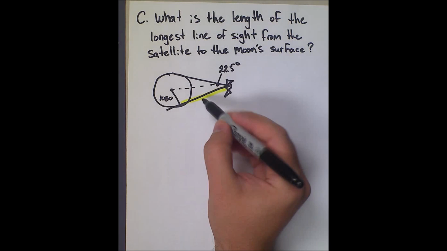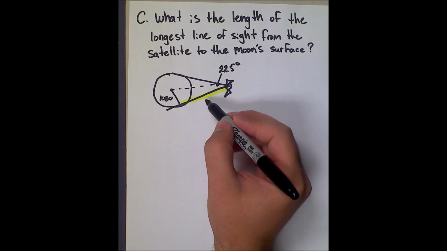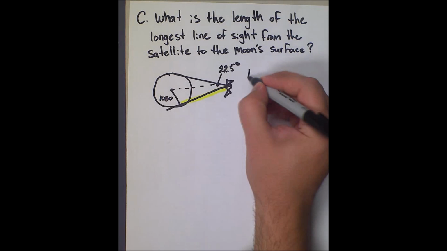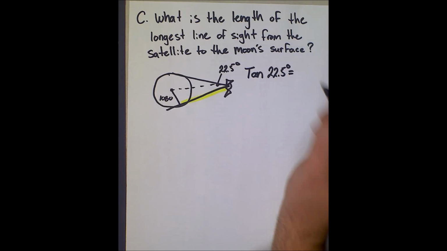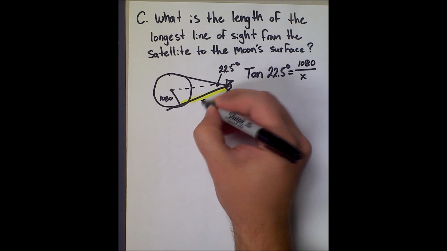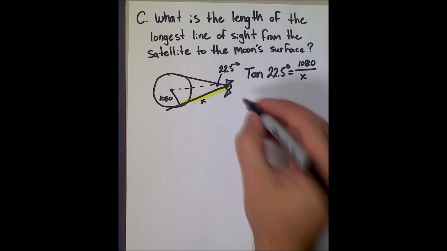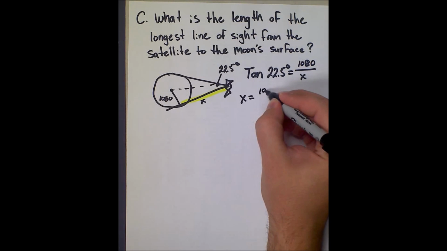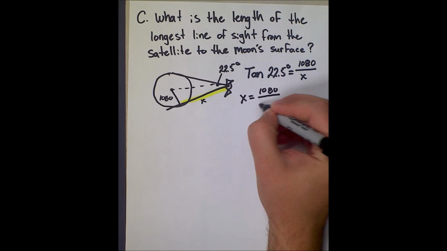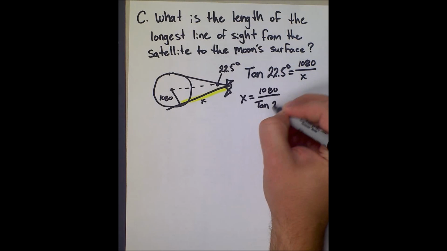This time I'm interested in the adjacent side. So I will choose tangent this time. So the tangent of 22.5 degrees is equal to the opposite, 1,080 miles, over the adjacent, which I'm going to label x. Again, some solving will tell us that x is equal to 1,080 divided by the tangent of 22.5 degrees.